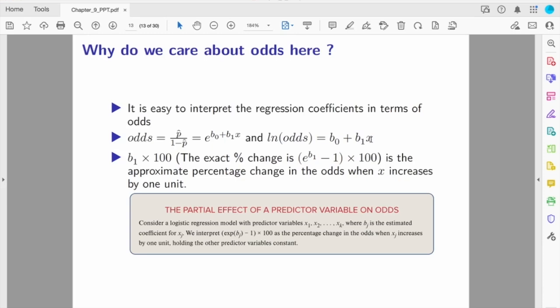Now we can interpret b1, because the goal is to interpret b1, b2, b3, which are the coefficients of the x's, the predictors. b1 times 100 is the approximate percent change in the odds when x increases by 1 unit. And it's similar to what we did in the regression model when we had exponential transformation.